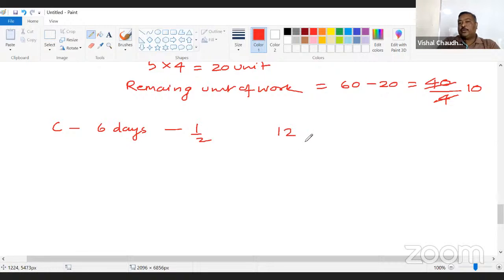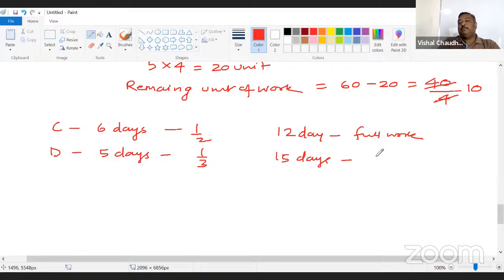So that means 12 days he will take to complete full work. And D is taking 5 days to complete 1/3 of the work. So 5 3s are 15. He will take 15 days to complete full work.